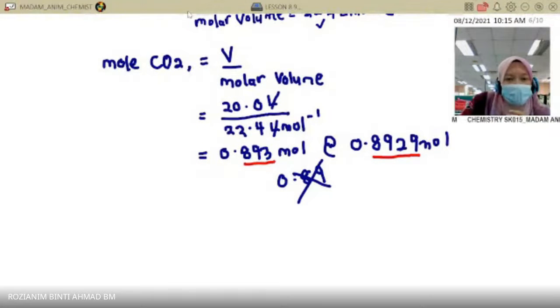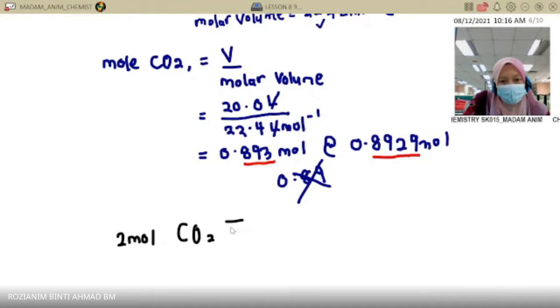Okay, from the equation we have, okay, kita akan buat stoichiometry sekarang. Okay, carbon dioxide come first. So 2 mol CO2. Okay, equivalent. Triple ni wajib sebab you didedahkan dengan term stoichiometry. Equivalent to 1 mol of ethane.